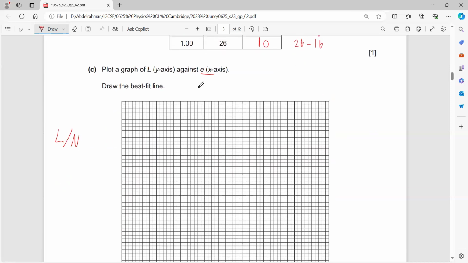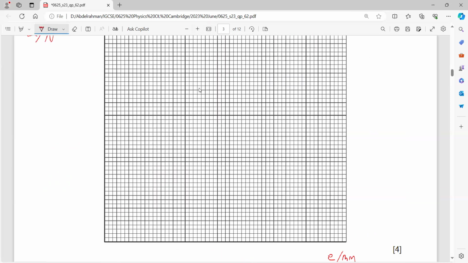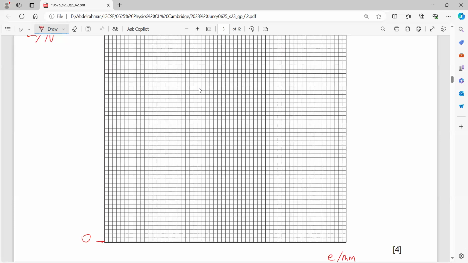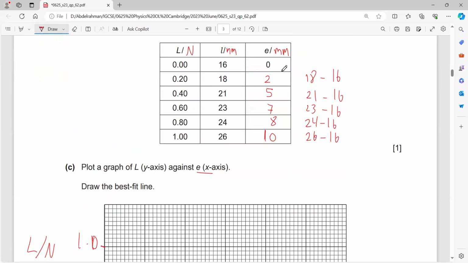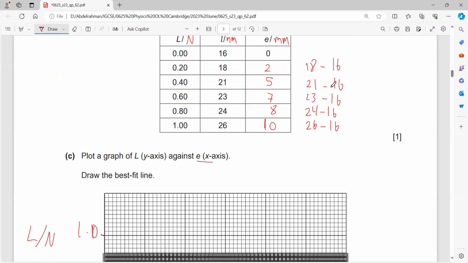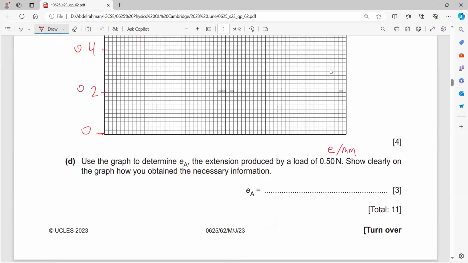Let's zoom in. 0, 0.2, 0.4, 0.6, 0.8 and then 1.0. For E: 0, 2, 5, 7, 8, 10. Probably I will go by 2: 0, 2, 4, 6, 8 and 10. This is very easy.